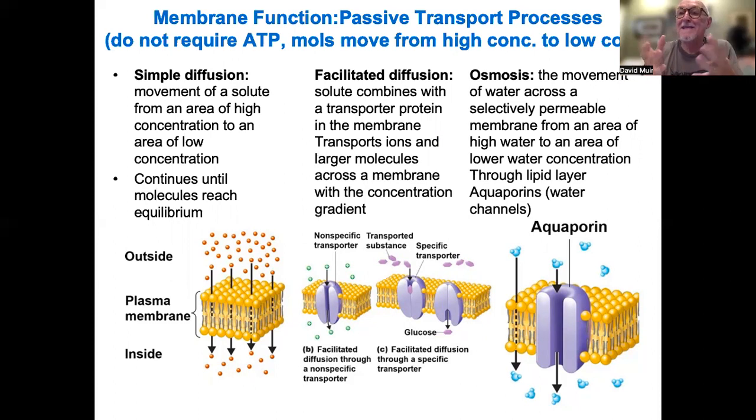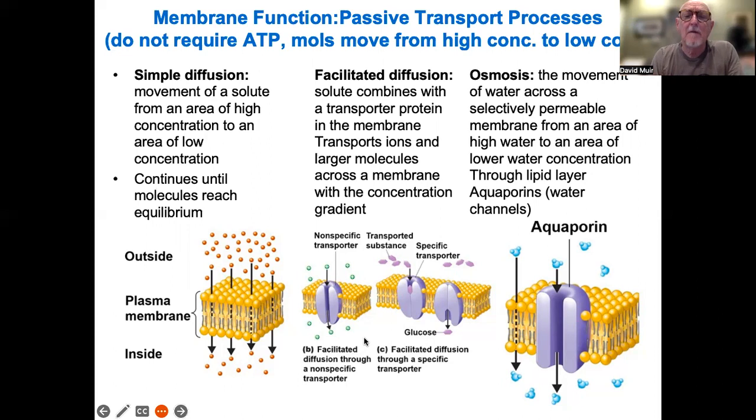So when the cell needs molecules on the inside, the proteins open and the molecules pass across by simple diffusive processes. This is called facilitated diffusion. The protein is facilitating the diffusion. It's exerting control, but when it allows passage of molecules, the molecules simply go down a concentration gradient from high to low. So that is facilitated diffusion.